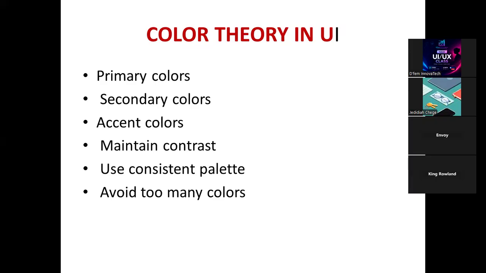The secondary color is just the colors that we need to polish up our product, polish up the screens of those products. Accent color, same thing. Maintain the contrast and use a consistent palette. The only way that we can use a consistent palette is for us to have a style guide.